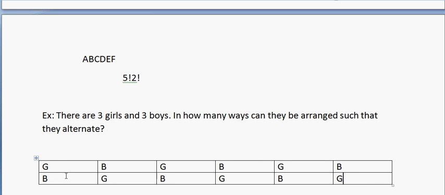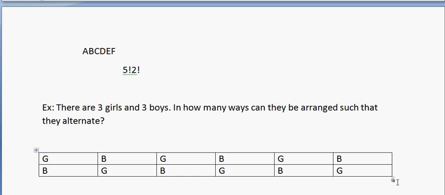The number of ways of arranging the first would be, so the G's can be arranged in how many ways? 3 factorial. B's can be arranged in how many ways? 3 factorial, right? So the number of arrangements from the first would be 3 factorial into 3 factorial, which is 36, right? And the number from the second way is 36. So total would be 36 plus 36, right?